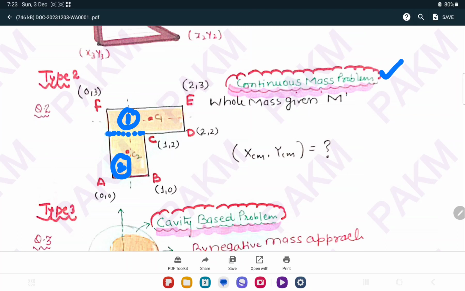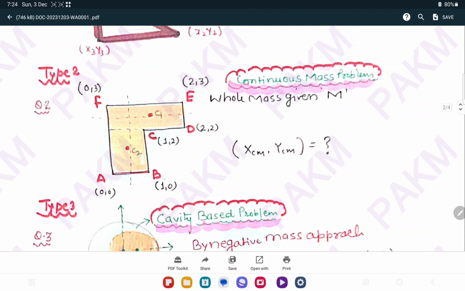They have given the coordinates, so once the coordinates are given you can locate C1 and C2. Clearly you can locate C1 and C2, and once again you will use the same formula that I told you earlier. Important thing: look at the coordinates, each and every coordinate they have mentioned.